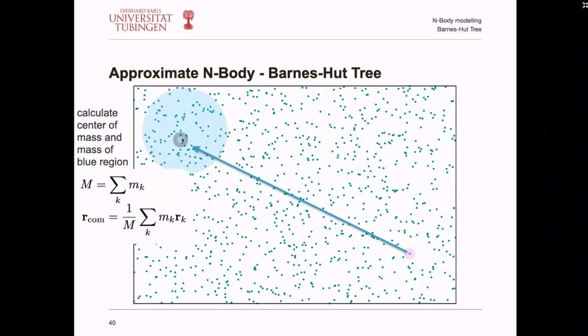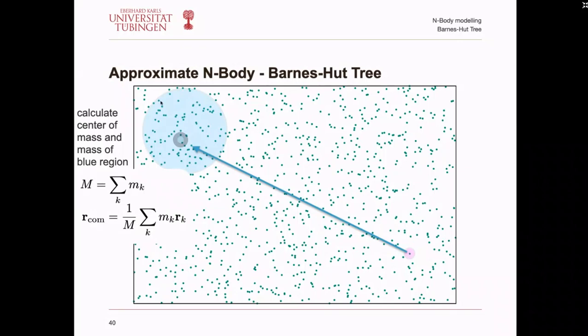And we approximate the whole gravitational force acting from this blue region just by, let's say, a representation particle here acting on our pink particle down below.